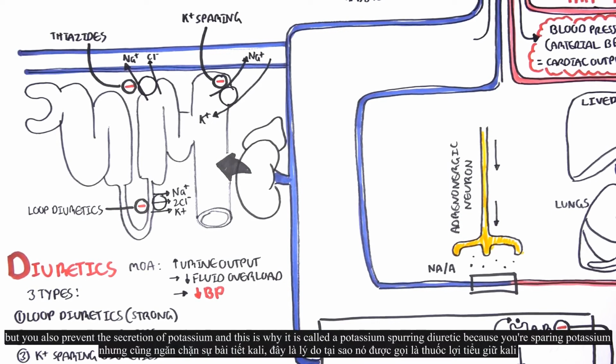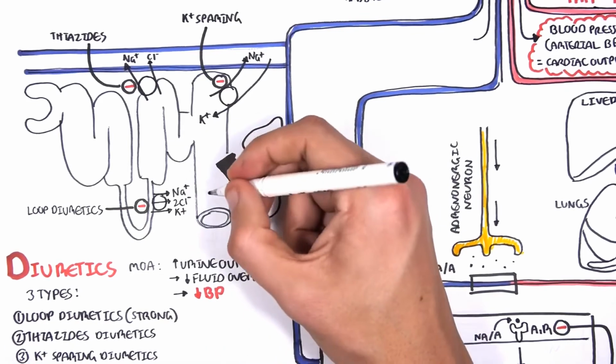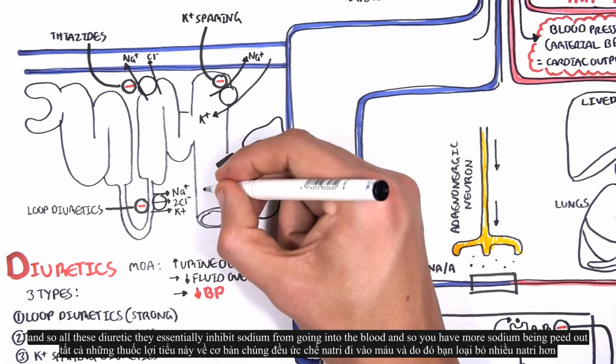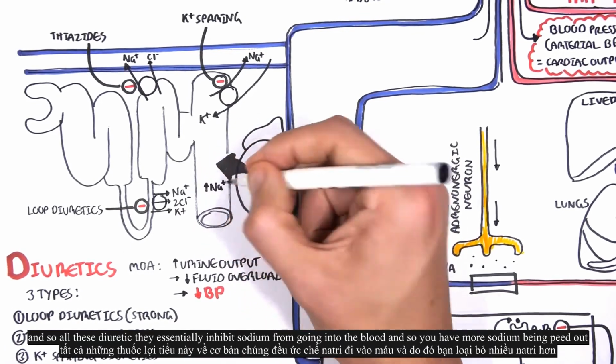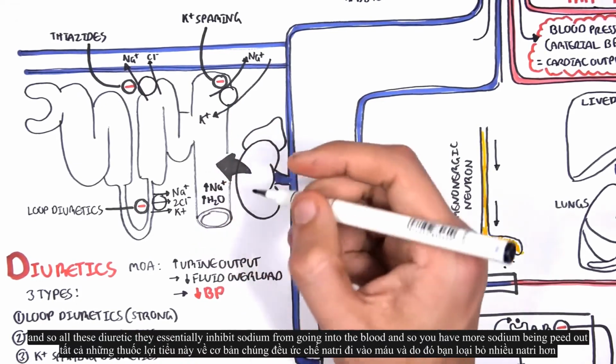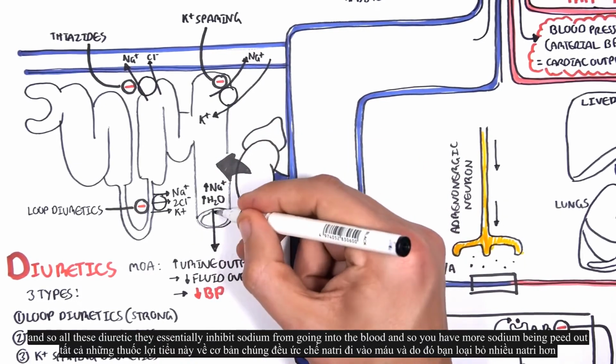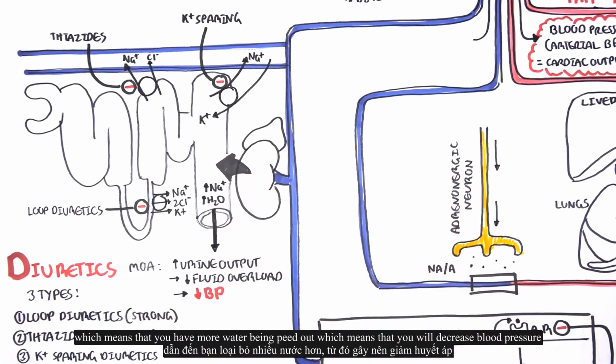But you also prevent the secretion of potassium. And this is why it is called a potassium-sparing diuretic, because you're sparing potassium. And so all these diuretics essentially inhibit sodium from going into the blood, and so you have more sodium being peed out, which means that you have more water being peed out, which means that you will decrease blood pressure.